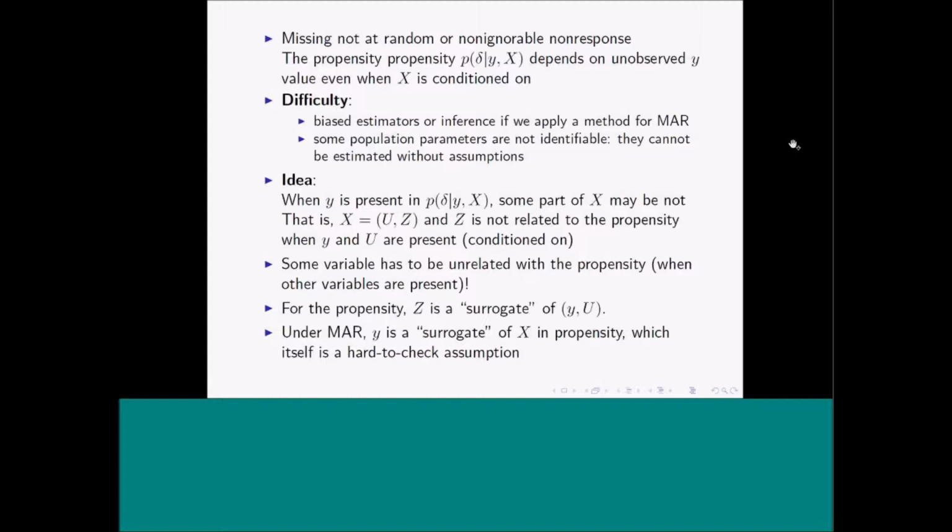But if it's non-ignorable, so y cannot be excluded, then the next thing you think about naturally is that some of the covariates can be excluded. That will also do it. You simplify the model, and therefore we can get something going. Without any kind of assumption, it's harder to do anything.